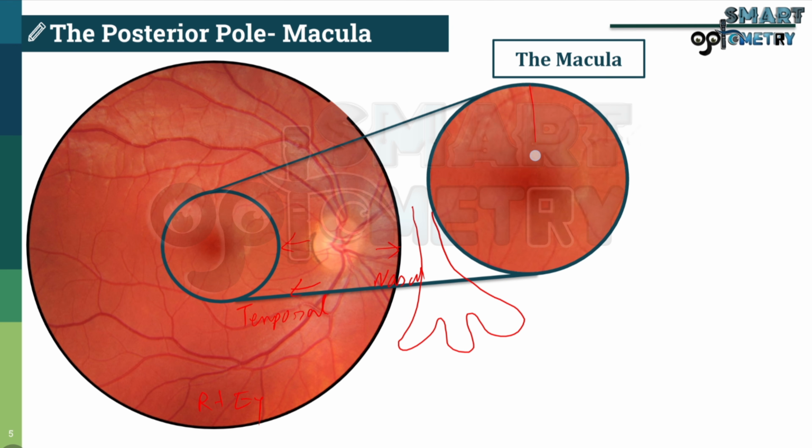Now the diameter of the macula is 5.5 millimeter and the color of the macula is deeper red. Now in the center of the macula there is a depressed part of 1.5 mm, this area, which is called fovea centralis.